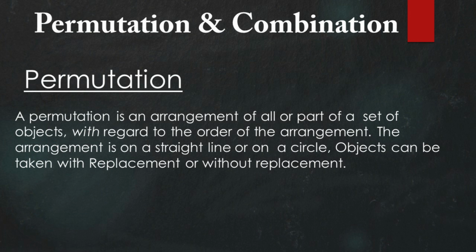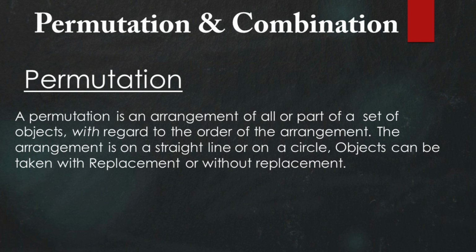Normally when we are selecting something, assume that in a box we have three different balls, and we take one ball out. If you put that ball back into the box, that is called replacement, and if we do not put the ball back into the box, that is without replacement.